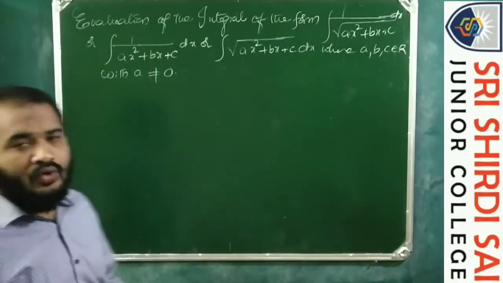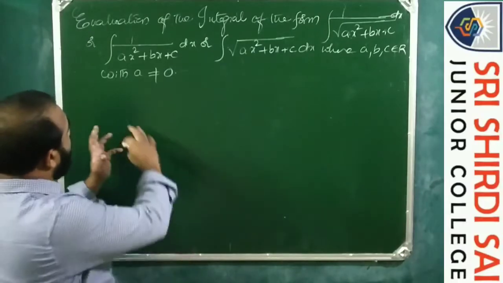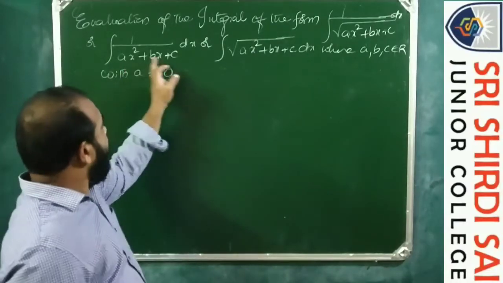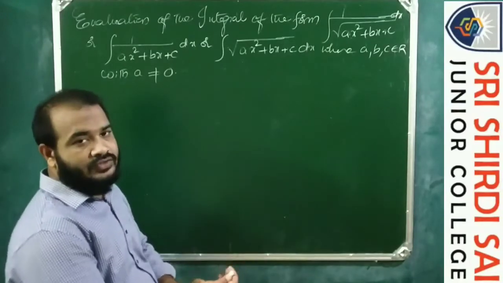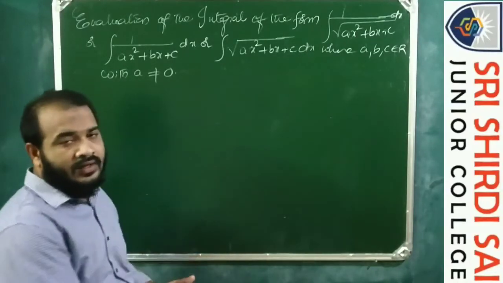So all that we need to do is to convert the given quadratic expression by the completion of square method, which will be discussed by an example now.